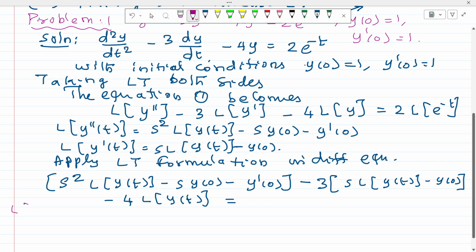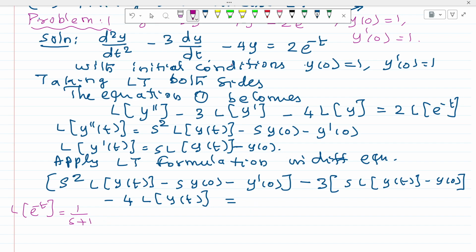Laplace transform of e power minus t is 1 by s plus 1. Instead of a here 1 is there, so 1 by s plus 1.